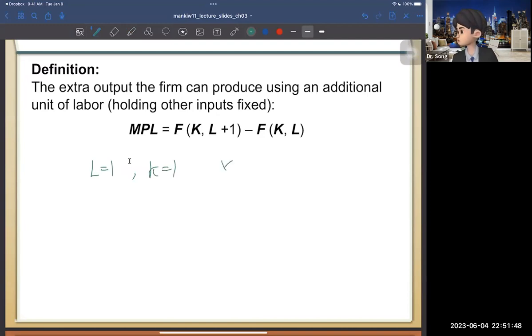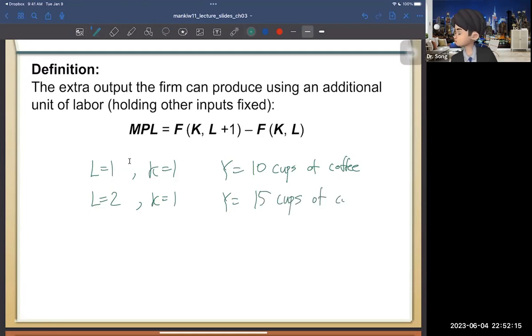And per hour, you make 10 cups of coffee, okay? So that's the current situation. But let's say that you hire one more worker. Now you have two workers and you still have the same one espresso machine. Then let's say because you hire one more person, this company makes 15 cups of coffee per hour.